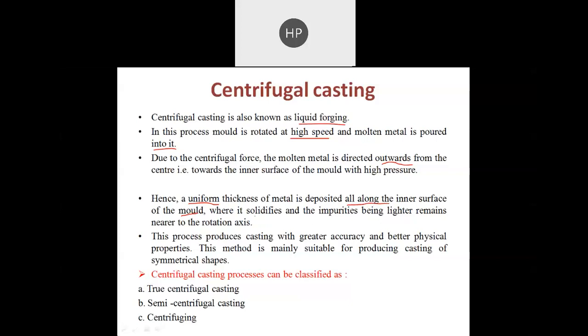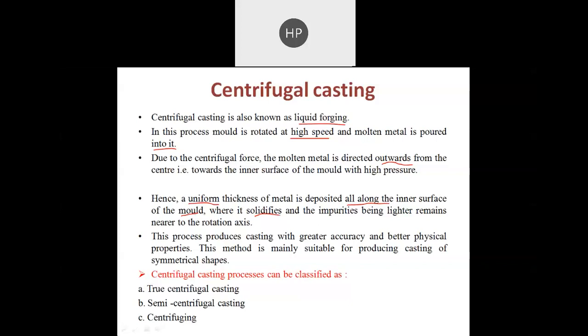Due to the centrifugal force, whatever impurities are lighter in weight will remain at the center. They will not go to the outward portion. So whatever impurities there are, they are also taken away during this centrifugal casting process.